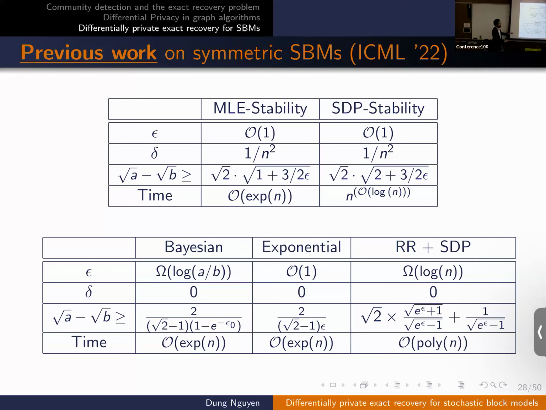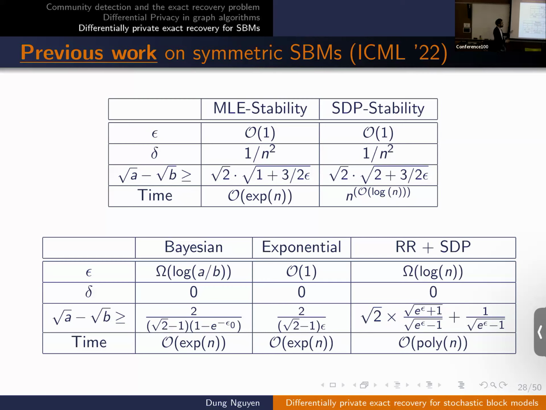Among all of the algorithms we propose, some of them run with exponential runtime, some of them with polynomial runtime. Some only work with a special regime of epsilon, like the Bayesian only works when epsilon is of order log n over b. The rightmost one here only works when epsilon is of order log n.